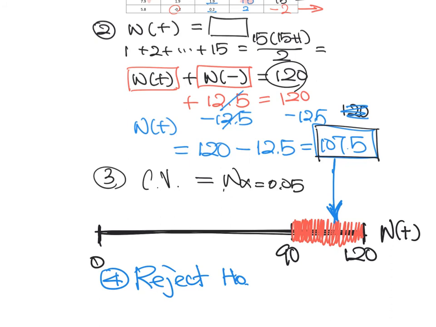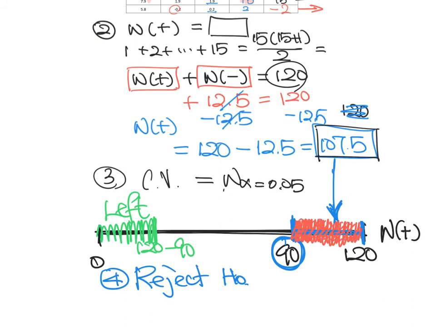We just take the critical value from the table. It's 90 directly because we had the right tail, but before we had the left tail, then we did 120 minus 90 to get the left tail. But now it was the right tail, so it is bigger than 90, then we reject the null hypothesis.